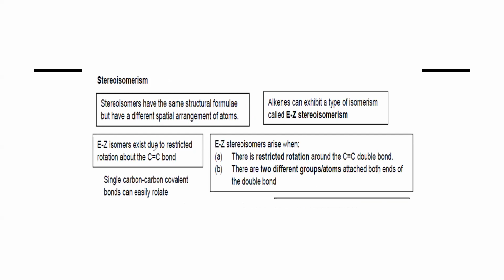What is geometrical isomerism? Due to a carbon-carbon double bond, there is a restricted rotation around it. Restricted rotation means, because there is a carbon-carbon double bond, only two possibilities are available, that either it can be in or out. So only two possibilities.